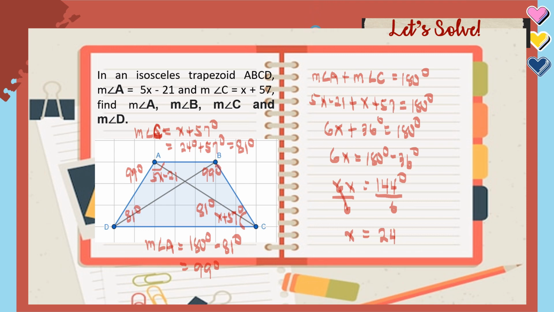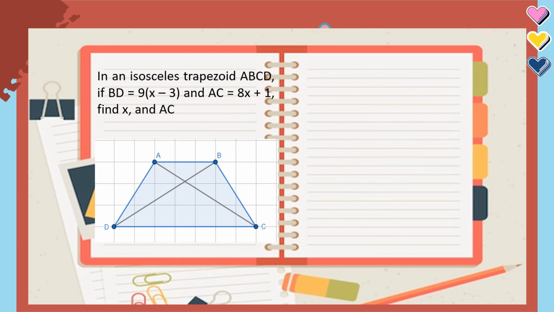Is this clear? I think this is the last one. BD and AC are the diagonals of the isosceles trapezoid ABCD. And the last theorem states that diagonals of an isosceles trapezoid are congruent.